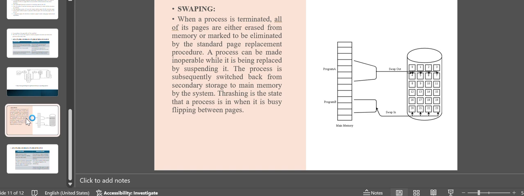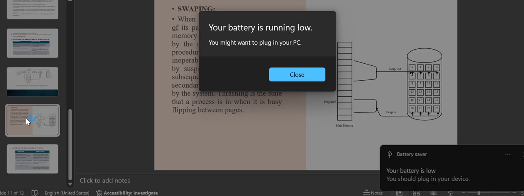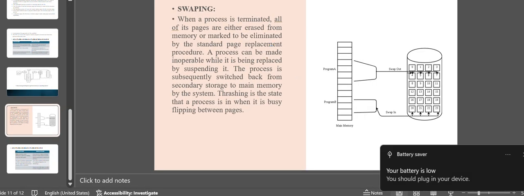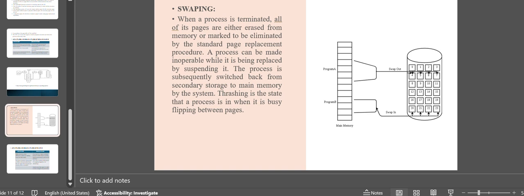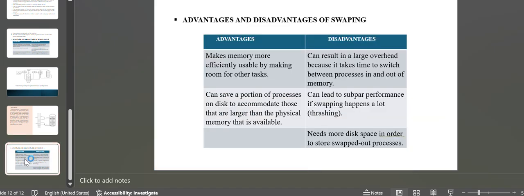So a process can be made inoperable while it is being replaced by suspending it, and the process is subsequently switched back from the secondary storage to main memory by the system. Thrashing is the state a process is in where it is busy flipping between the pages. And you can see the diagram and the advantages and disadvantages of swapping.